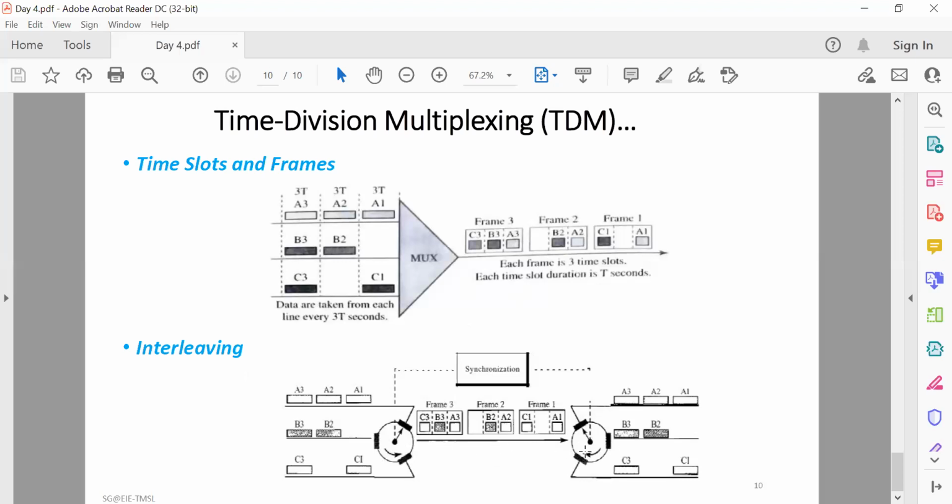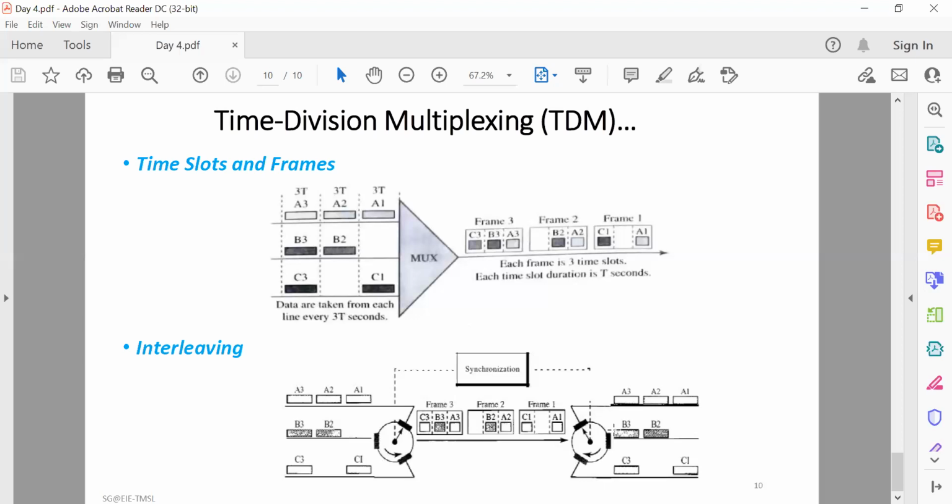This one is the multiplexing side, and this one is the demultiplexing side. The switches are synchronized and rotate at the same speed but in opposite directions. On the multiplexing side, as the switch opens in front of a connection, that connection has the opportunity to send a unit onto the path. This process is called the interleaving technique.